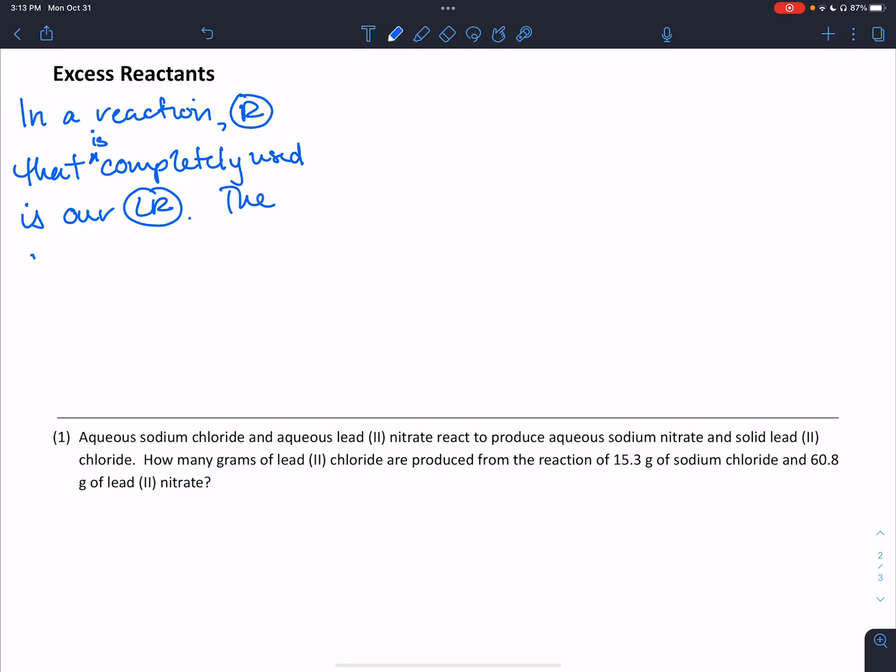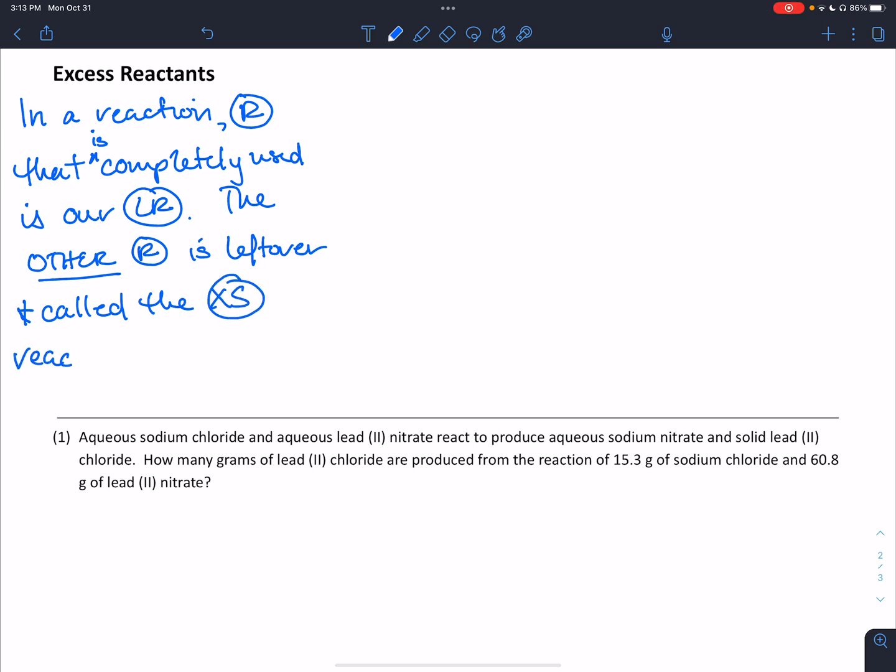The other reactant is leftover and called the excess reactant.